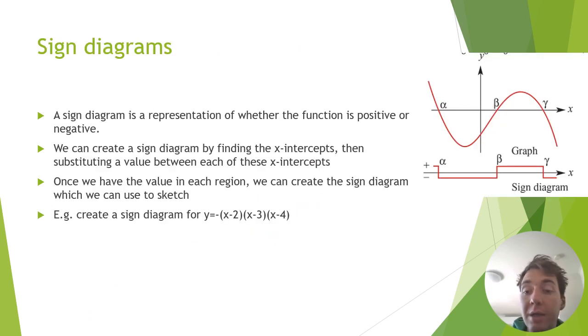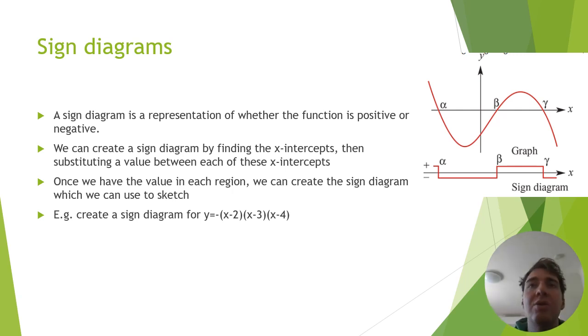All right, sign diagrams. I left this in because I thought that some of you might like to see it anyway, just to get an idea of what it is. The textbook loves these. I think they're useless. Every other maths teacher that I talk to thinks they're useless. If there's a question about them, you can probably just skip it, honestly.